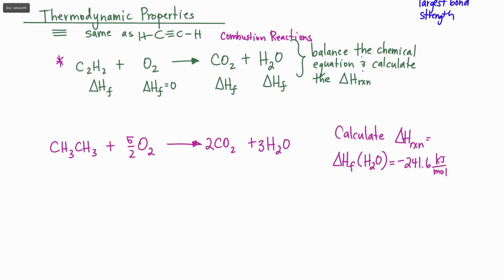Okay. I need the delta HF of CO2, and that's going to be negative 393.5 kilojoules per mole. And I need the delta HF of CH3CH3.